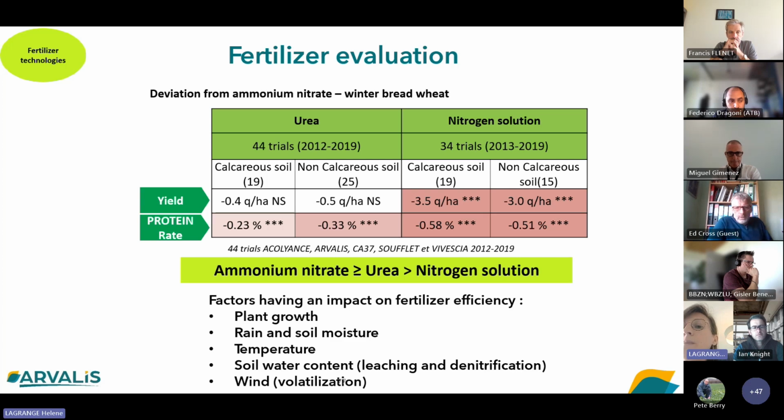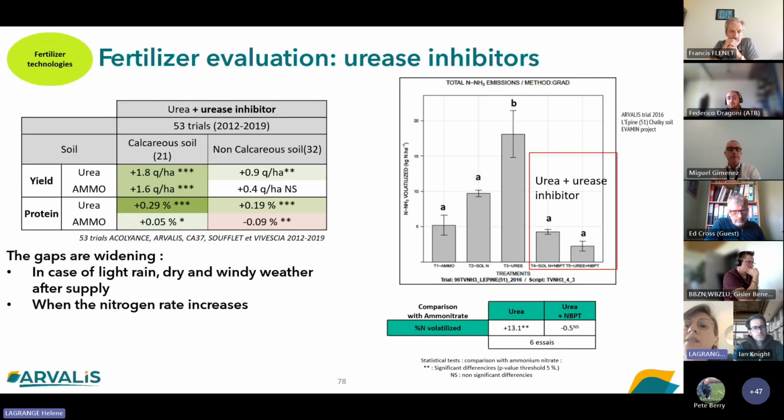And then we also tried other types of fertilizers. And I show you here an example with inhibitors. We talked a bit about them. So here it's the comparison of urea and urea's inhibitor with control, and controls are urea or ammonium nitrate.